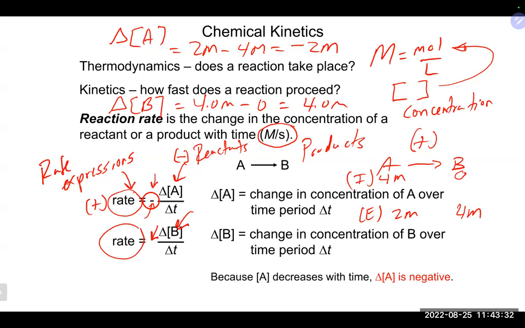So the change in concentration will be positive if it is a product, because it should be increasing with time. You always should have more product than what you started with. And the change in the concentration of the reactant should always be negative, because you should have less reactants than what you started with, because that is the only way to make products. Any questions on that there?